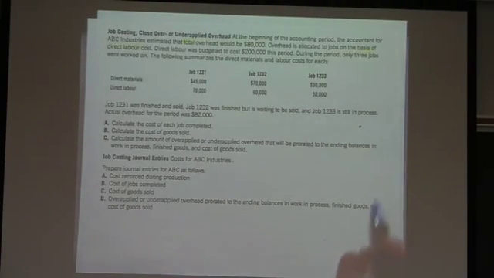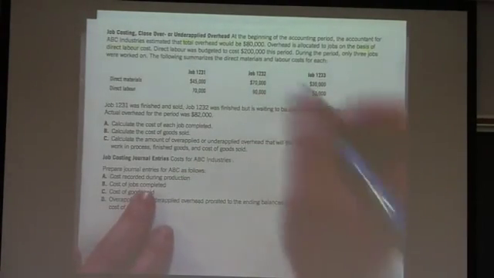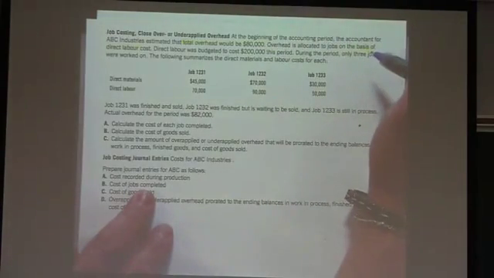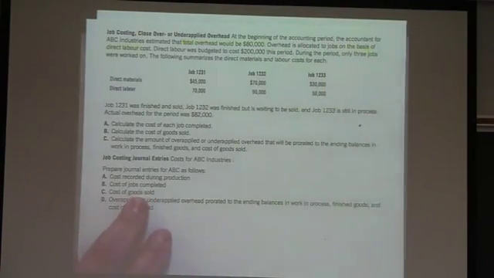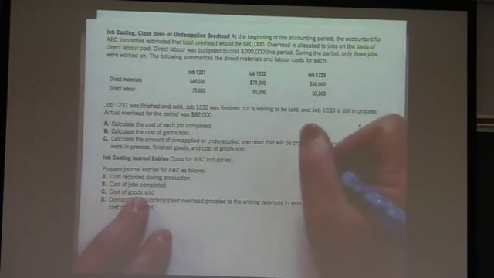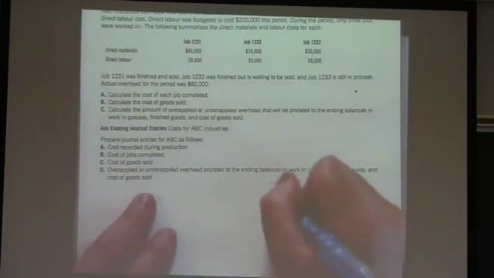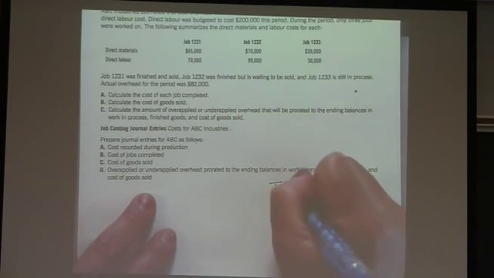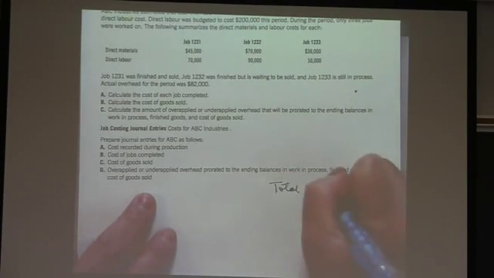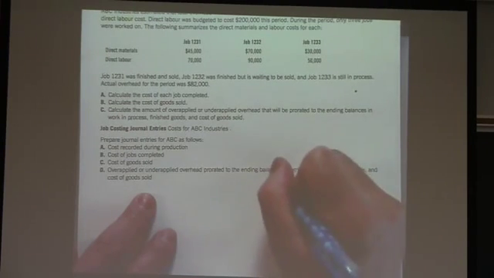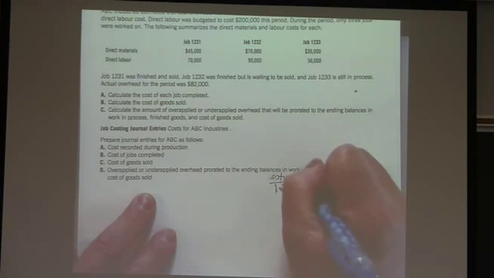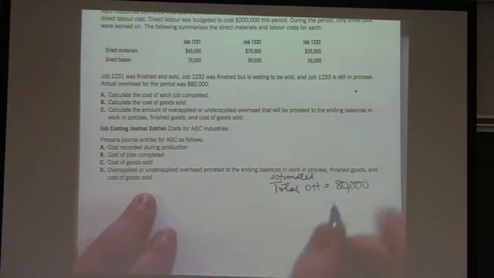revisit this because this is job costing using the traditional method of overhead allocation. So let me write this down here. You got total overhead, and this is estimated. Okay, so this is estimated, not actual, and we're going to apply it based on direct labor cost.